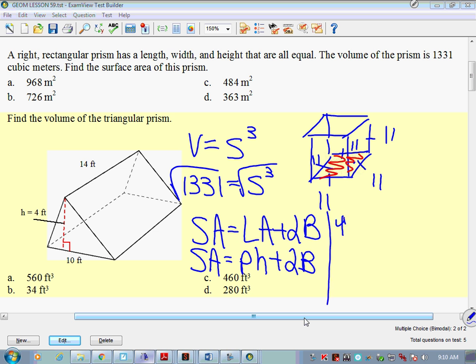So we got 44 times my height, which is 11, plus 2 times the area of my base. Well, my base here is 11 by 11. 11 times 11, if I'm not wrong, is 121.